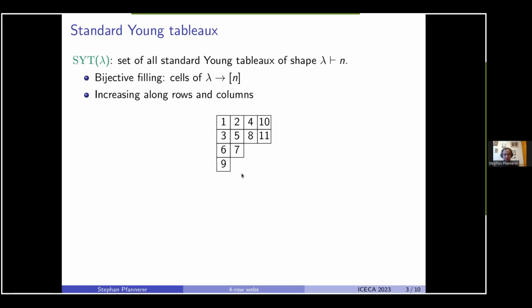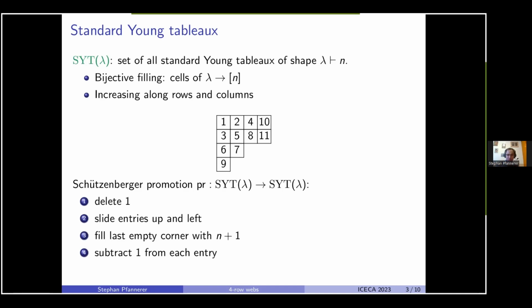On a standard Young tableau, there's a nice map. You have seen generalizations of that one before, which is called Schützenberger promotion. The most classical way to define it is via jeu de taquin, which goes as follows. We start here with the 1, we delete that cell, and now we have an empty cell.